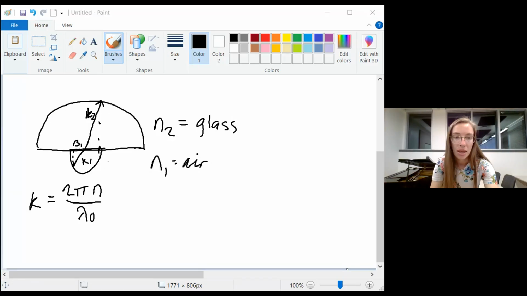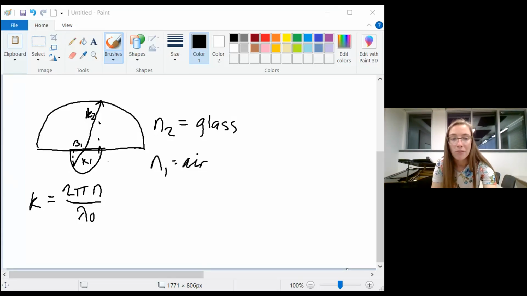Okay. So that means when light enters a denser medium from air to glass, its wavelength shortens, so the k vector gets longer. In the k vector diagram, each medium is represented by a circle. So the radius of that circle is equal to the magnitude of k for that medium.